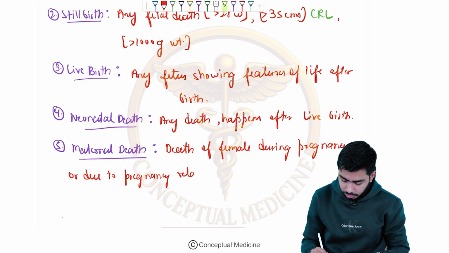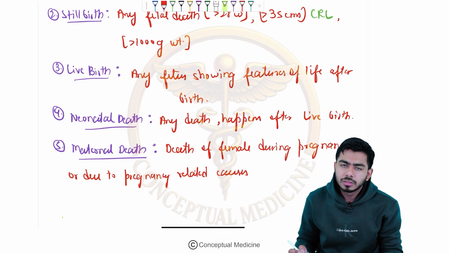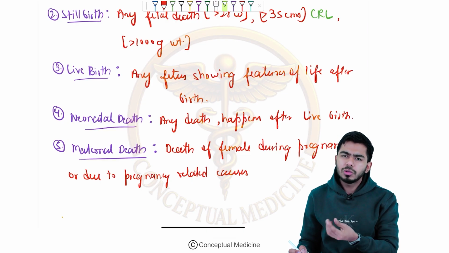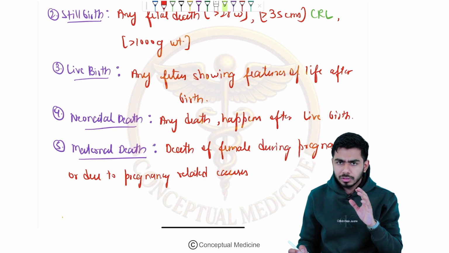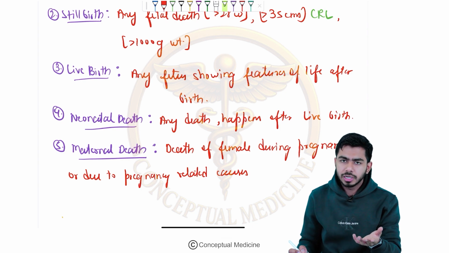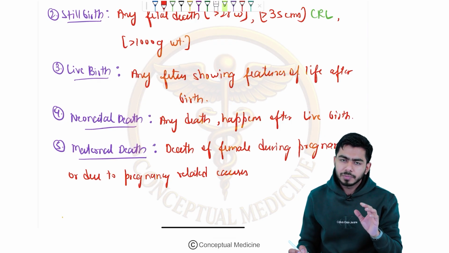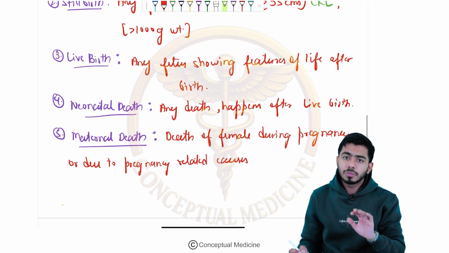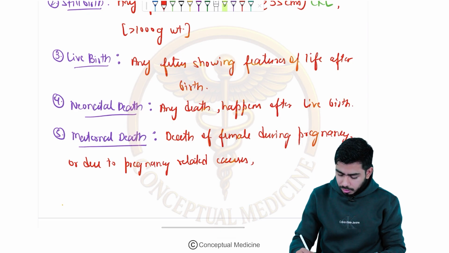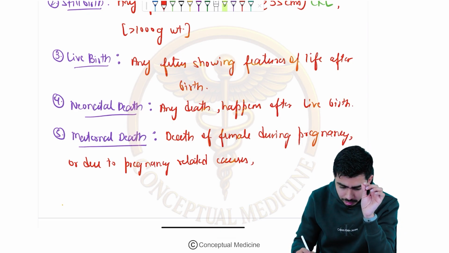For example, liver failure, cardiac failure, or kidney failure, the mother died, or due to any reason related to the pregnancy, or due to severe anemia, the mother died. Due to any kind of cause related to the pregnancy, if the mother died, then it is called the maternal death. So during the pregnancy or pregnancy related causes, or after the pregnancy till 42 days of life.